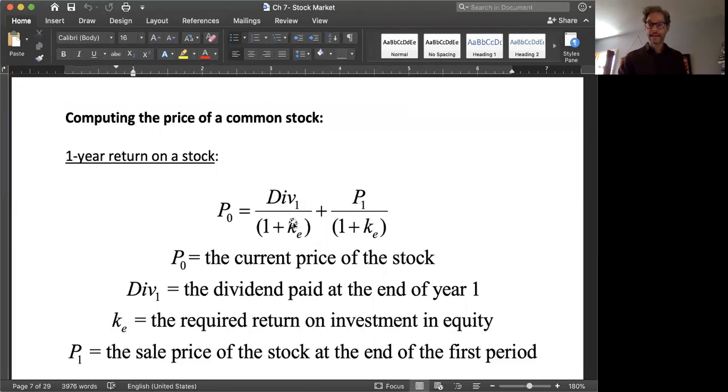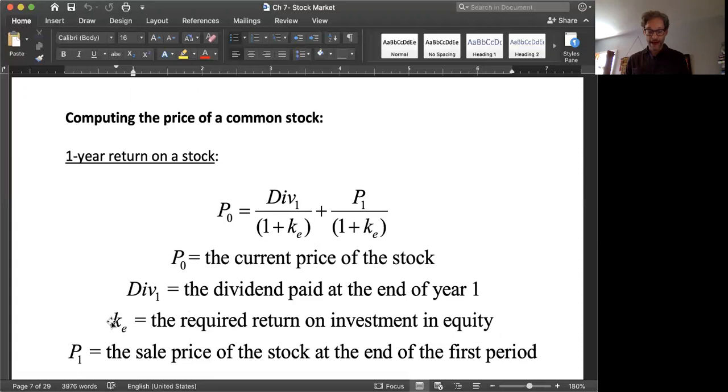But I have to discount those back, right? Discount those back, reflecting the fact that I don't get the money today, I get the money in the future. What is this discount rate? Well, here we're going to call the discount rate KE, meaning the required return on investment in equity, right? Or the required return. This required return is not just the interest rate. I mean, it is related to the interest rate, but it's also something a little bit different.